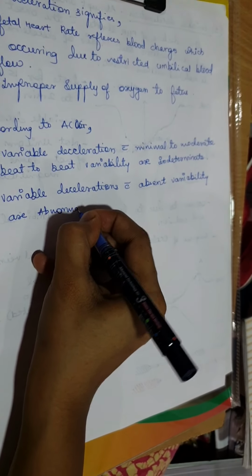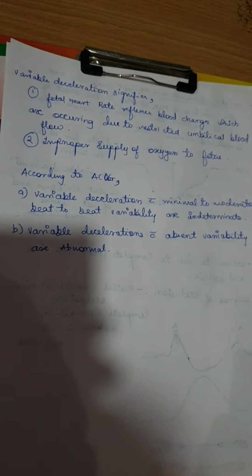So it's very important to differentiate between such types of variable deceleration. So this was the non-stress test and cardiotocography for you guys.